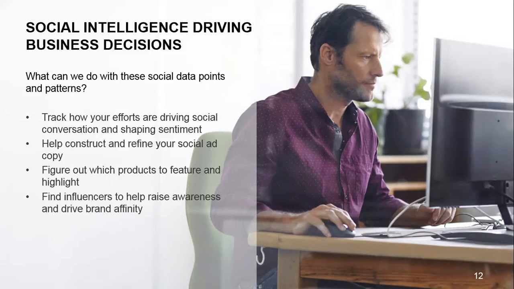If you're featuring the latest John Grisham book, but you find out that the latest book on the Oprah list is the most talked about, then maybe you should move that Oprah-referenced book up on the home page. And finally, and this is a passion point of mine, influencer marketing. You can find and activate influencers to help raise awareness and drive brand affinity strategically.